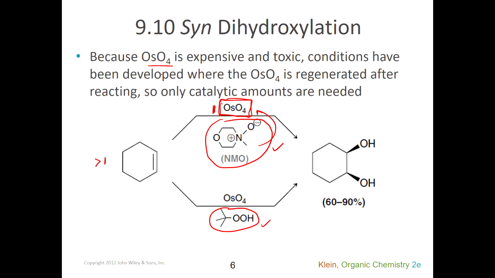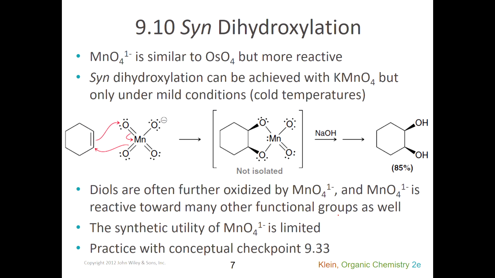And there are other options as well. So this is a nice option. It usually gives relatively high yields, but it's probably not ideal given that the reagent is somewhat toxic and also expensive. So there are other reagents that can be used, and there are a lot more than the textbook even gets into. These are some of the classic ones.